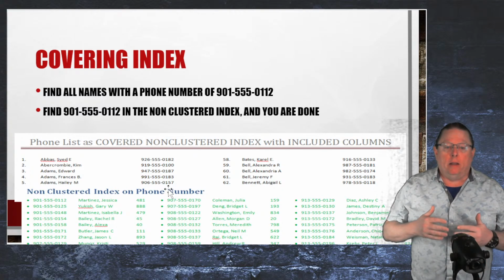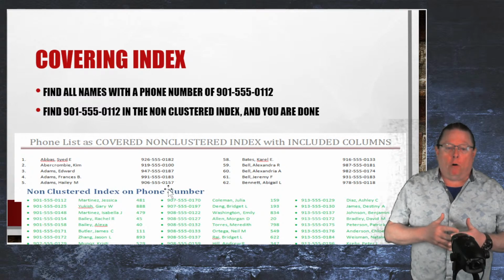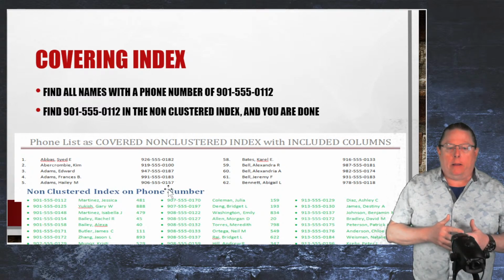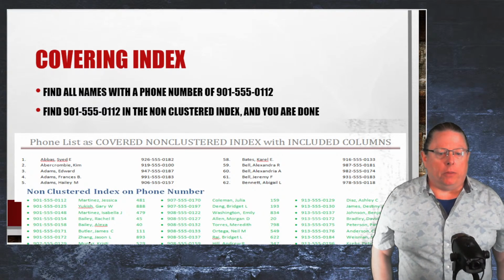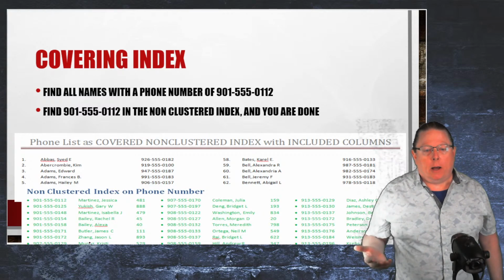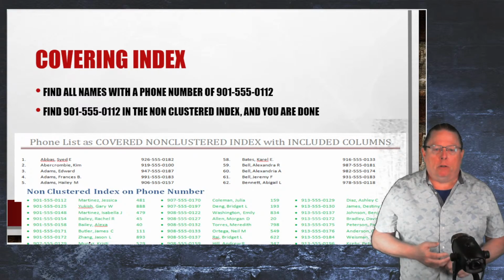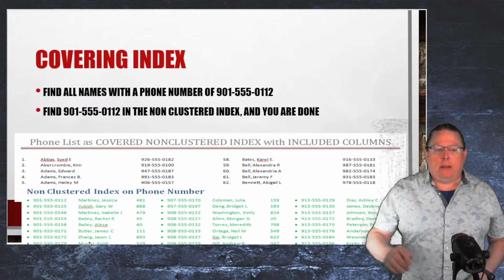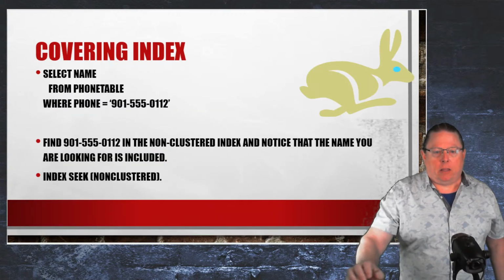But if you're saying, giving me just the name I'm looking for from that phone number, if the non-clustered index on phone number and name, as shown down below here in the green, is available, you're able to look up, based off the phone number, return the name, and do that with just a single index seek rather than having to do a full scan to get there.